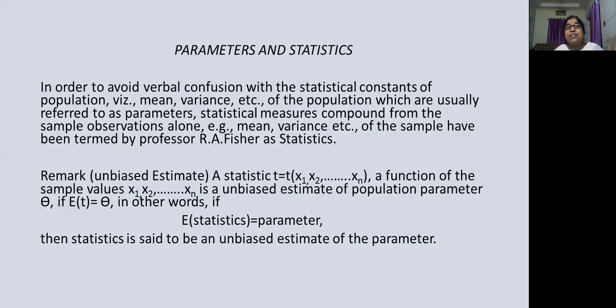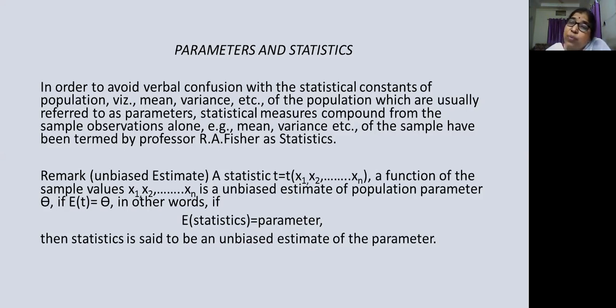And they said that the expectation of a statistic is equal to the parameter. That is the reason they said that out of 50 samples, our mean small x bar equals 98%.